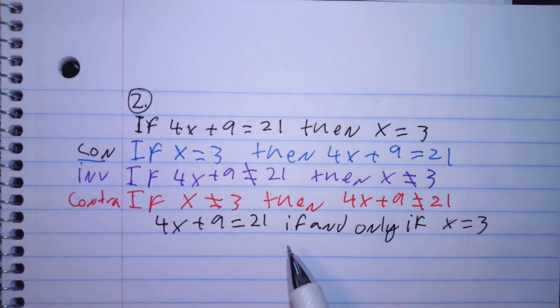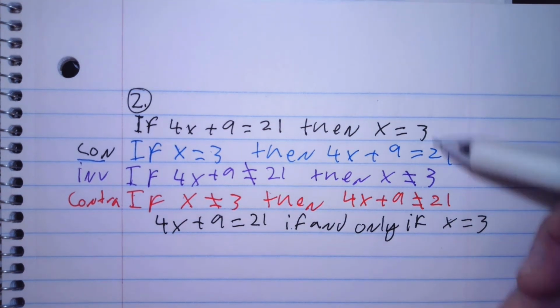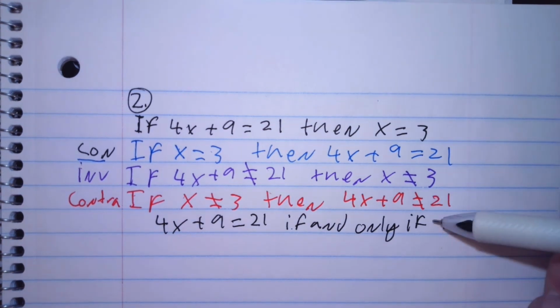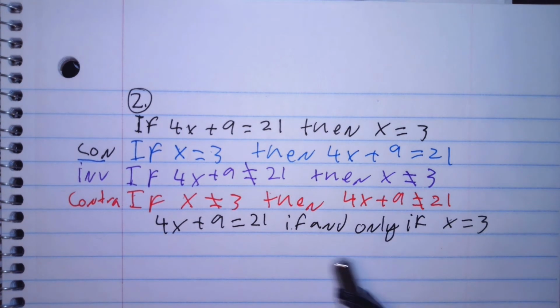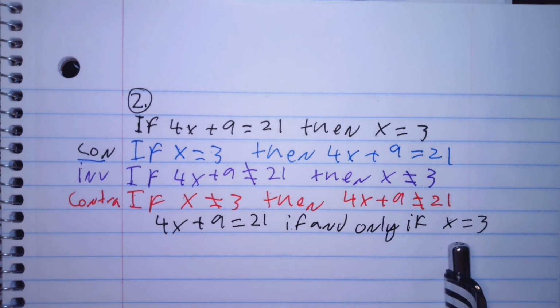Biconditional statement, I don't think we went over it great in class. Basically means you can write this in any order you want to, and it will be true. So I could write it forwards or backwards. Okay, and basically if all 4 of these things are true, then your biconditional will be true. All right, that's that. And so we're going to move on to 7 and 8.